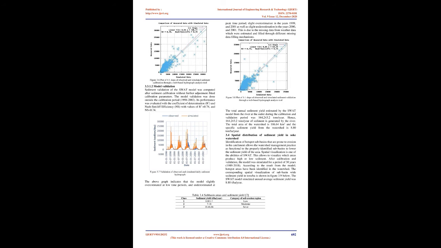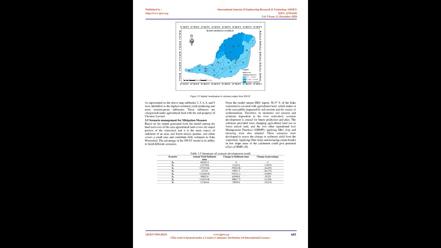The above graph indicates that the model slightly overestimated at low time periods, and underestimated at peak time period, slight overestimation in the years 1999 and 2001 as well as slight underestimation in the years 2000 and 2001. This is due to the missing data from weather data which were estimated and filled through different missing data filling mechanisms.